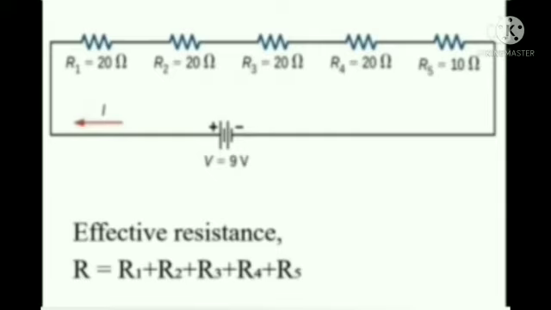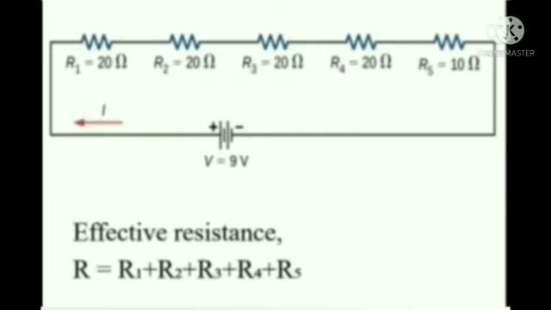Here one problem is given. Here 5 resistors are given and the values of resistance are given. R1, R2, R3, R4 have 20 ohm each. Then R5 has 10 ohm.